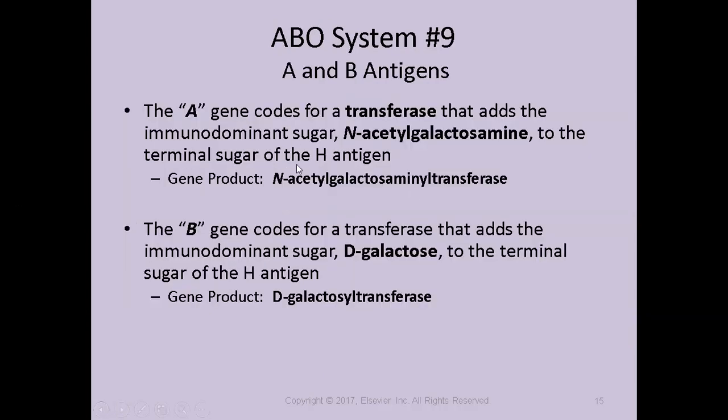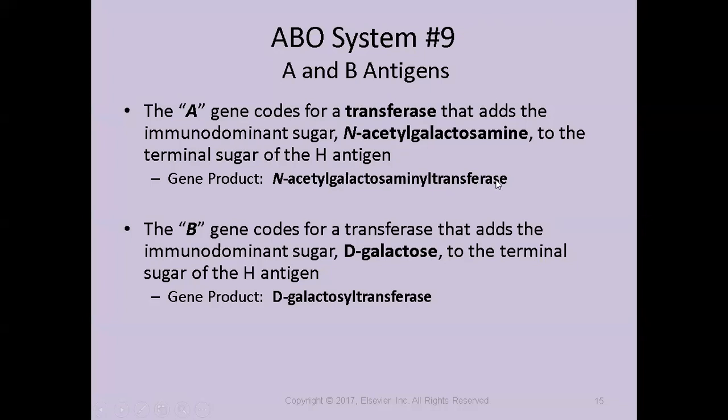So this next slide basically sums up what I described on the last slide with the picture. Just remember, the A gene codes for a different transferase enzyme, which is going to add N-acetylgalactosamine to basically the H antigen. I'm sorry, it's an N-acetylgalactosaminyl transferase.